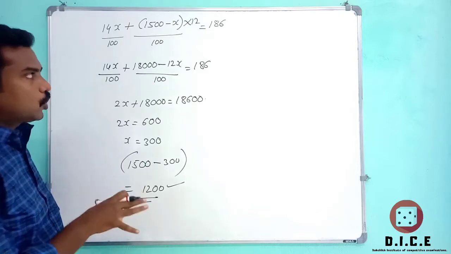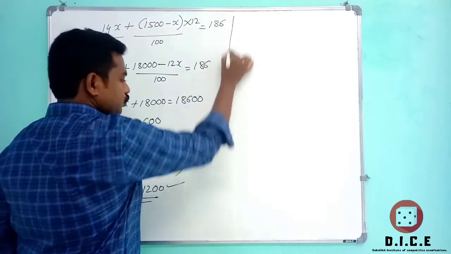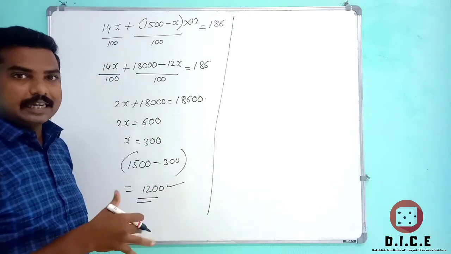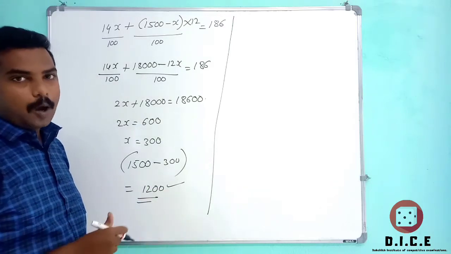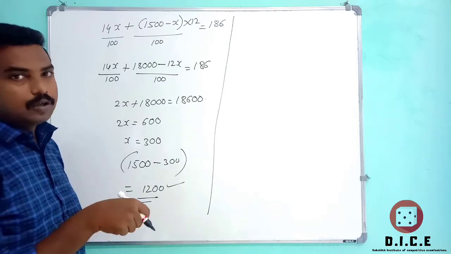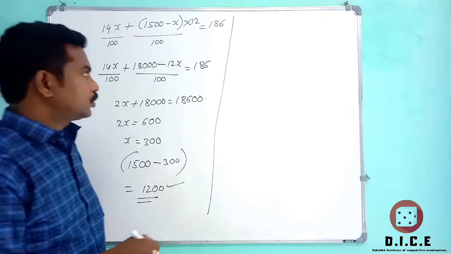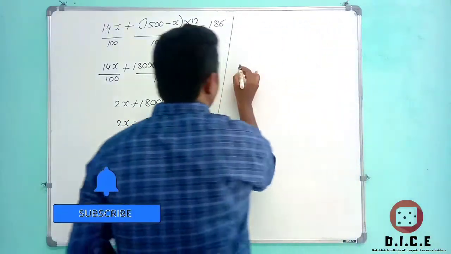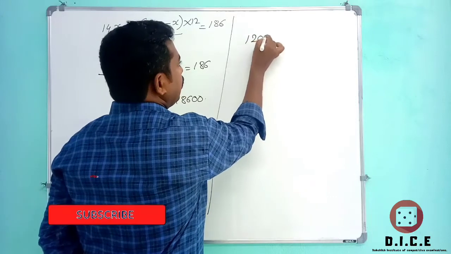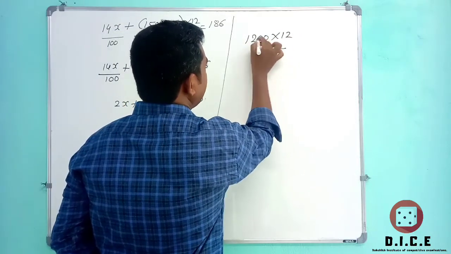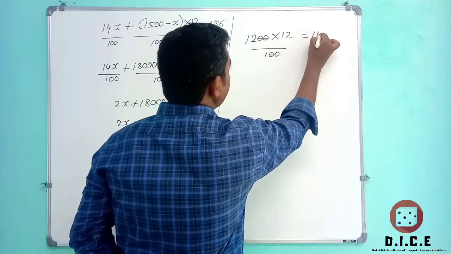The only shortcut to solve this sort of question is the option point of view. Just check it with the very first option. You see the options: 1200, 1300, 1400, 1500. If you take the very first option, 1200, 1200 at 12% is nothing but 144.